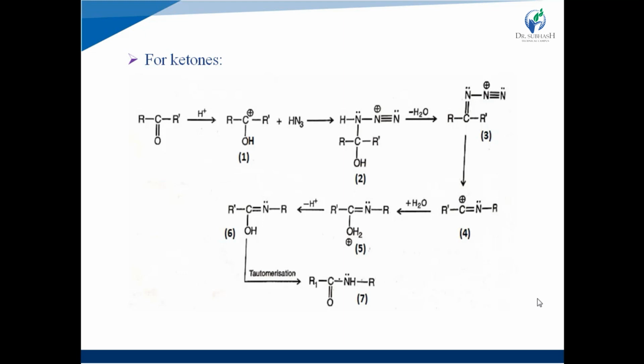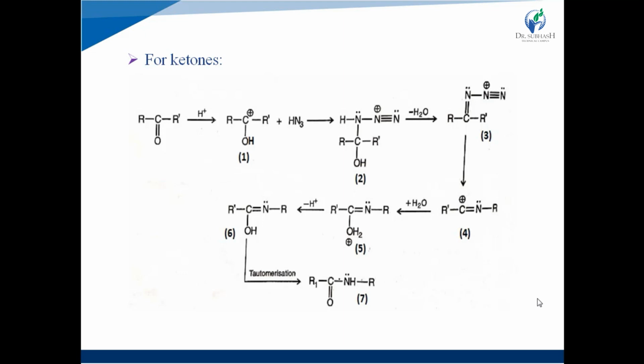In the next step, what happens? Dehydration, right? How is the water molecule released? See in structure 2, intermediate 2, there is an OH group on carbon and a hydrogen atom on the nitrogen atom, right? So from the nitrogen atom, H plus is removed, and from the carbon atom, OH minus is removed, and H plus and OH minus form the water molecule, and it is released from the molecule.